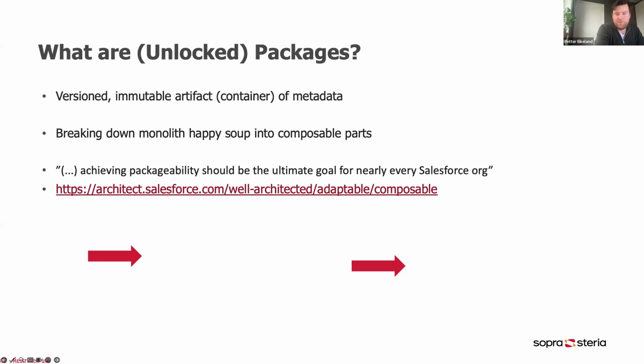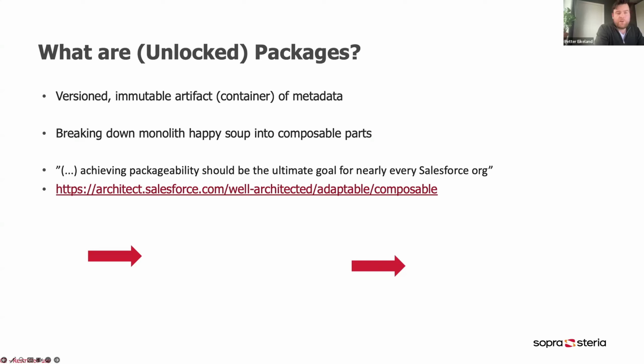So very short, you could view the unlocked packages as versioned immutable artifacts, or a container of metadata. And it's used to move metadata between environments. Instead of using change set or sfdx deploy, you use a package container of metadata instead.